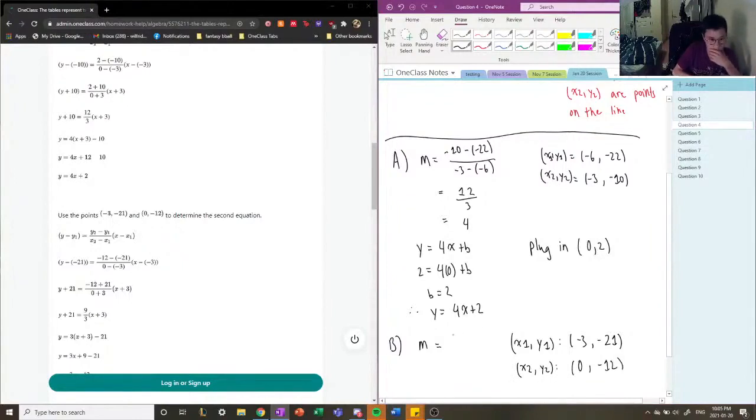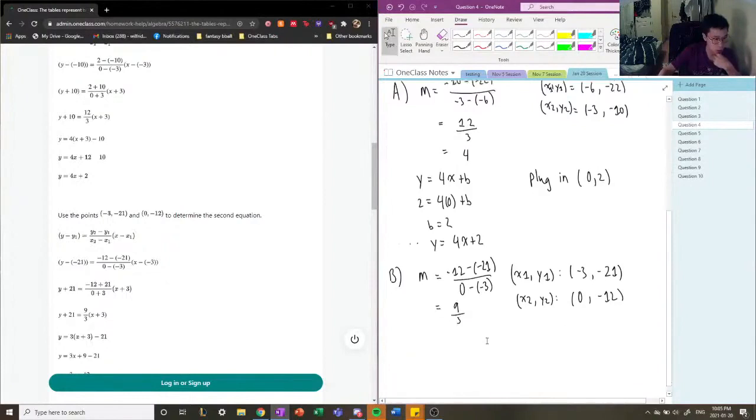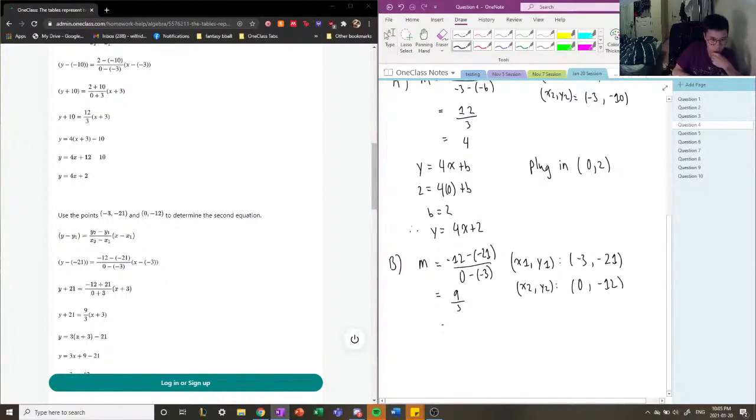Using our equation here, we have -12 minus -21 over 0 minus -3. That's 21 minus 12, which is 9, divided by 3, and we have the slope equal to 3.